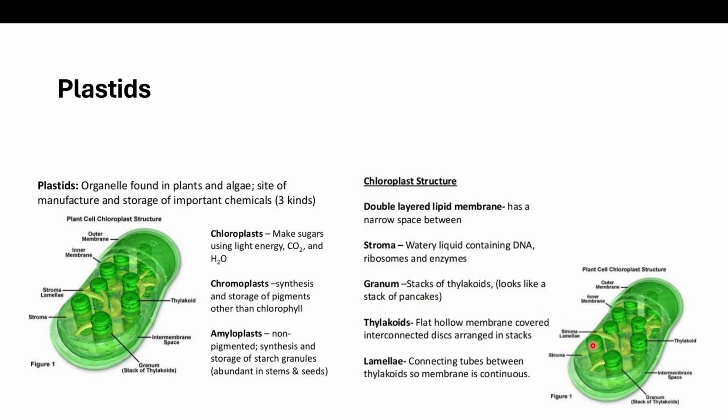Each coin is a thylakoid, and the complete stack is called a granum. Thylakoids are flat, hollow, membrane-covered, interconnected discs arranged in stacks, and each stack is connected by channels or tubes, which are called lamellae. So the connecting tubes between the thylakoids are continuous.